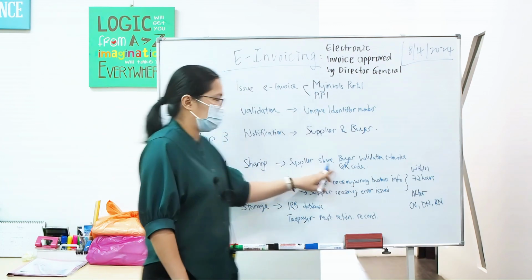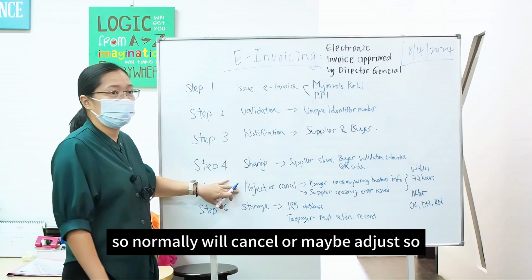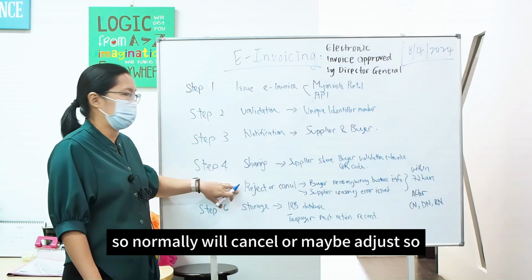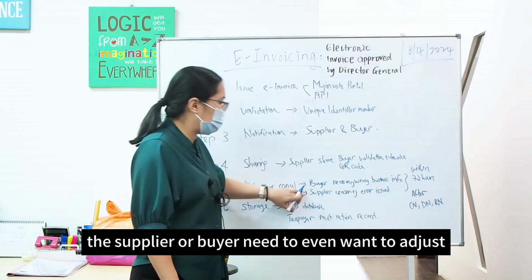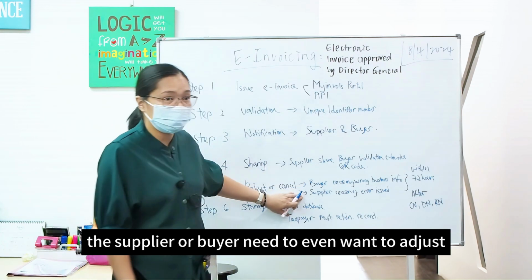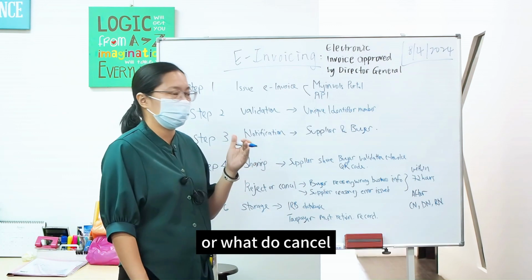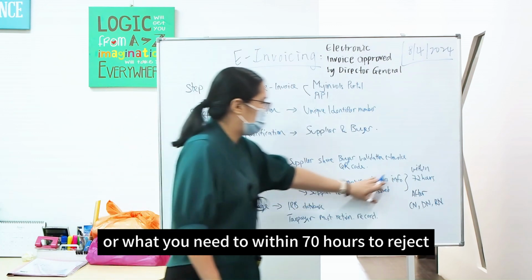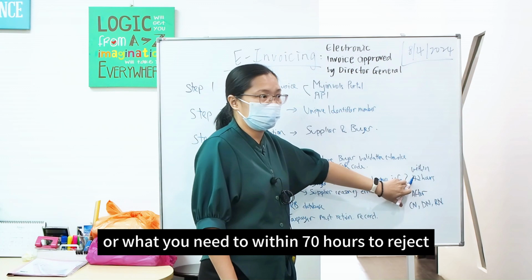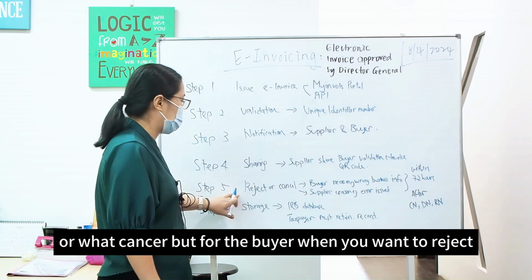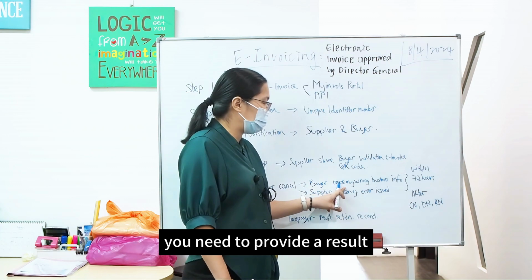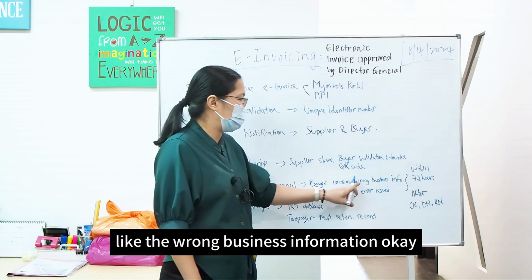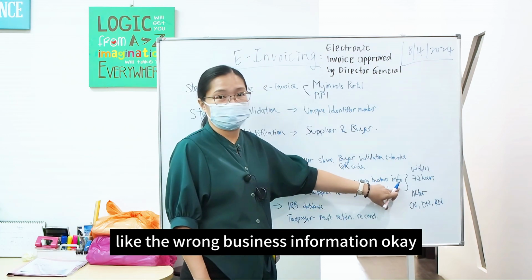After that, normally we will cancel or maybe adjust. So if the supplier or buyer wants to adjust or cancel, you need to do it within 72 hours to reject or cancel. But for the buyer, when you want to reject, you need to provide the reason, like wrong business information.